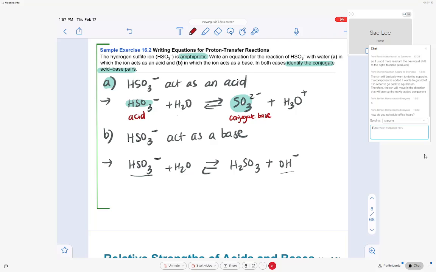Water is acting as a base, and therefore hydronium ion is going to be its conjugate acid.